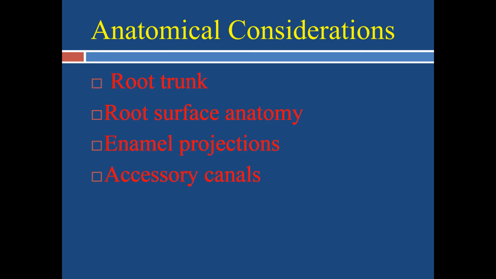There are some anatomical variations between individuals that have to be taken into consideration when diagnosing and treating furcation involvement teeth. These anatomical considerations are the root trunk, root surface anatomy, enamel projections, and accessory canals.